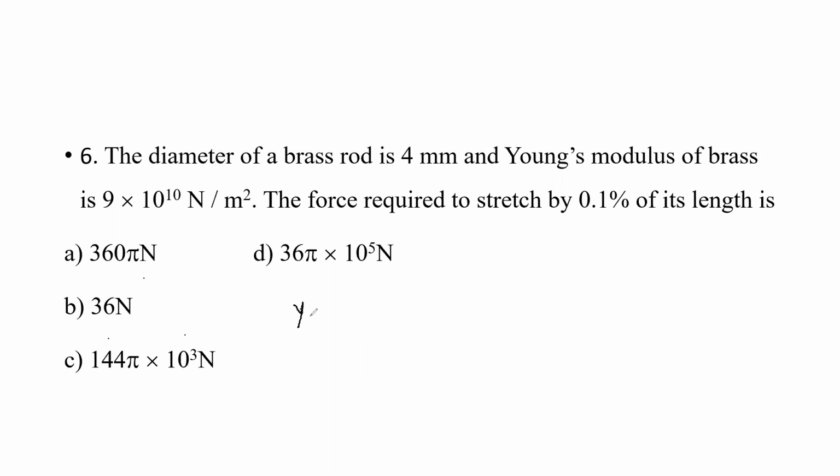Young's modulus Y is equal to force per unit area into delta L divided by L, change in length divided by original length. We require force. Therefore, force is equal to Y into A into delta L divided by L.